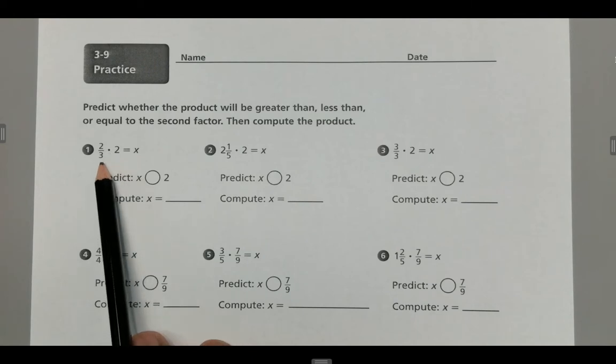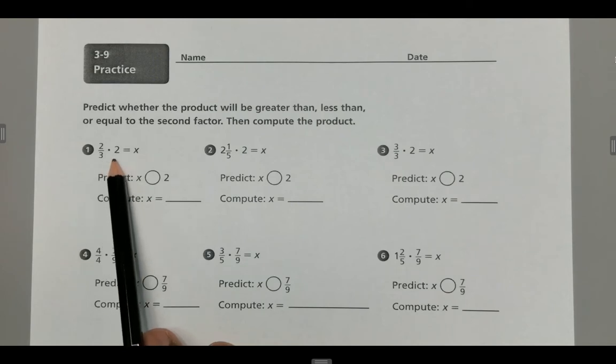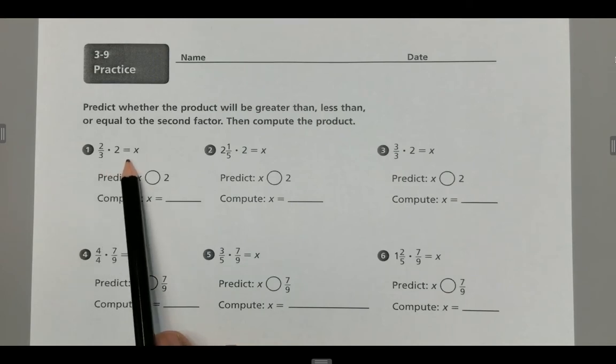All right, what am I doing to 2? I'm multiplying it by 2/3. Is 2/3 greater than a whole or less than a whole? Well, it's less than a whole. Okay, so you're telling me that I'm multiplying something that's less than a whole by 2. Is my answer going to be less than 2 or greater than 2?